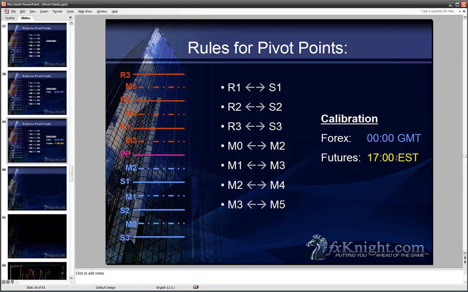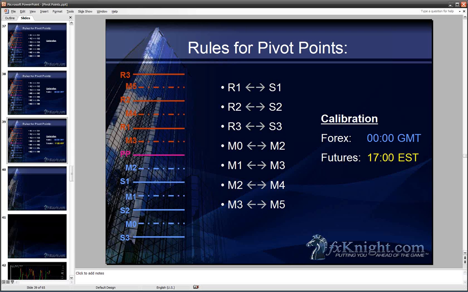For stuff based in the United States, what are known as session pivots as opposed to daily pivots, 5 p.m. Eastern Time works just fine because there's no question over when the New York Stock Exchange will close. And also, 5 p.m. Eastern corresponds with 4 p.m. Chicago time, which is when the Chicago Mercantile Exchange and the Chicago Board of Trade close for commodities.